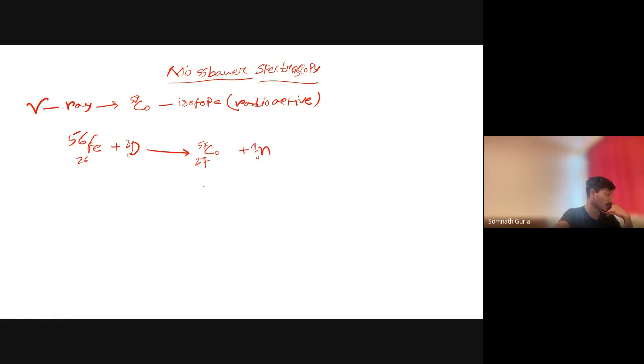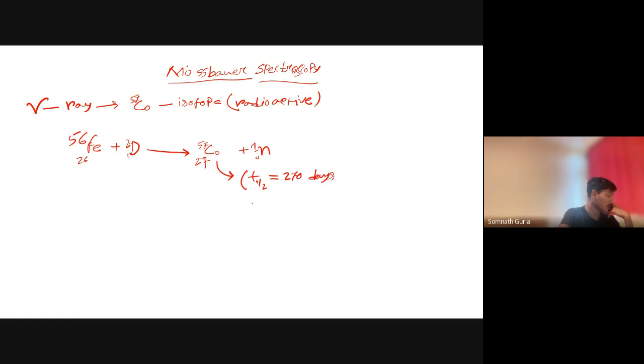And that cobalt 57 is a radioactive molecule, so you have to calculate its lifetime. Its half life is 270 days.